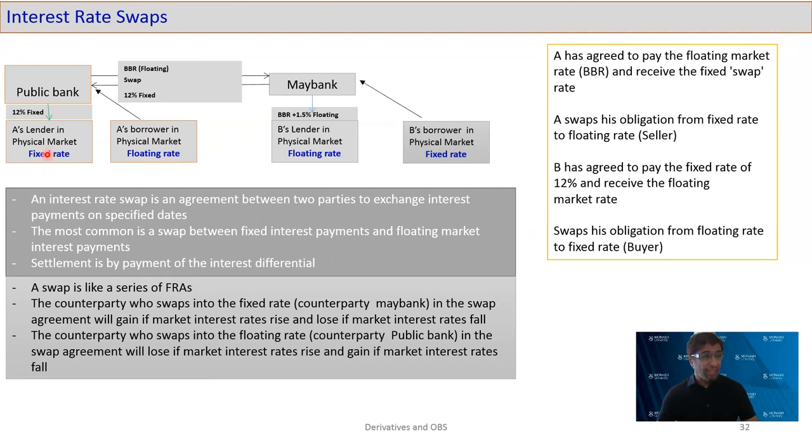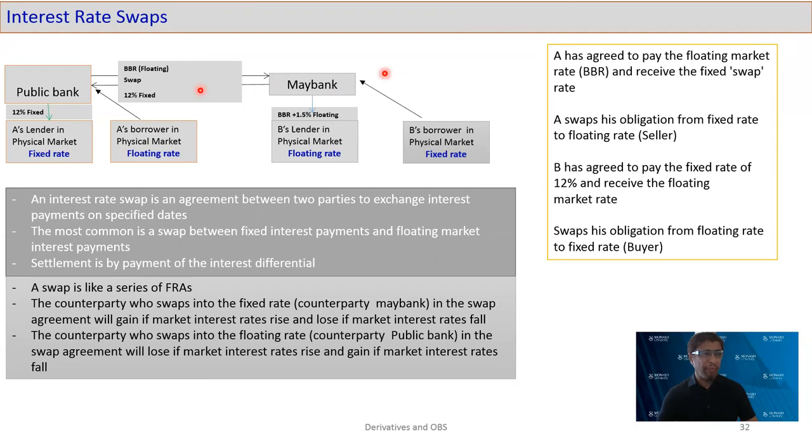But if it is less than the fixed rate, Public Bank will be stuck, because what he receives from the market rate is not enough to cover the contract with a fixed rate. Assuming he lent and the market rate is 5%, and this is 7%. In this case, he is stuck with 2%.